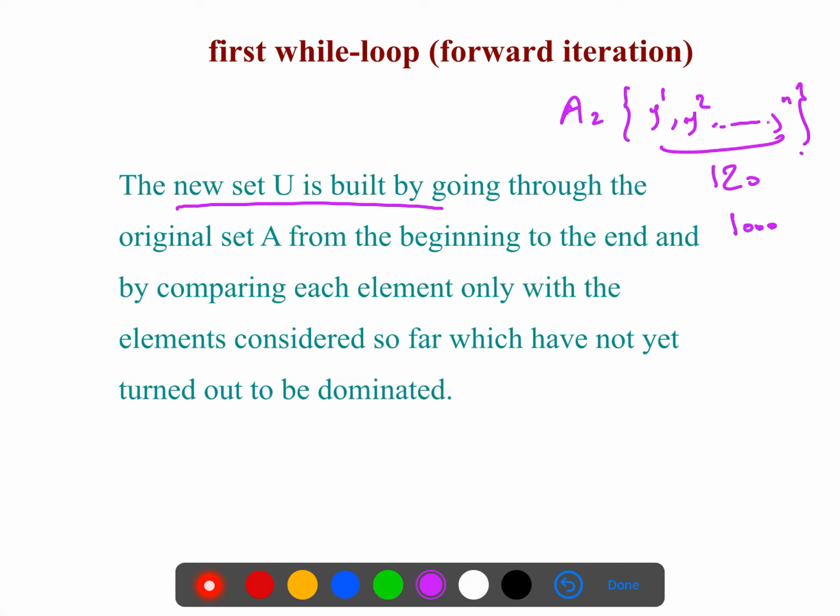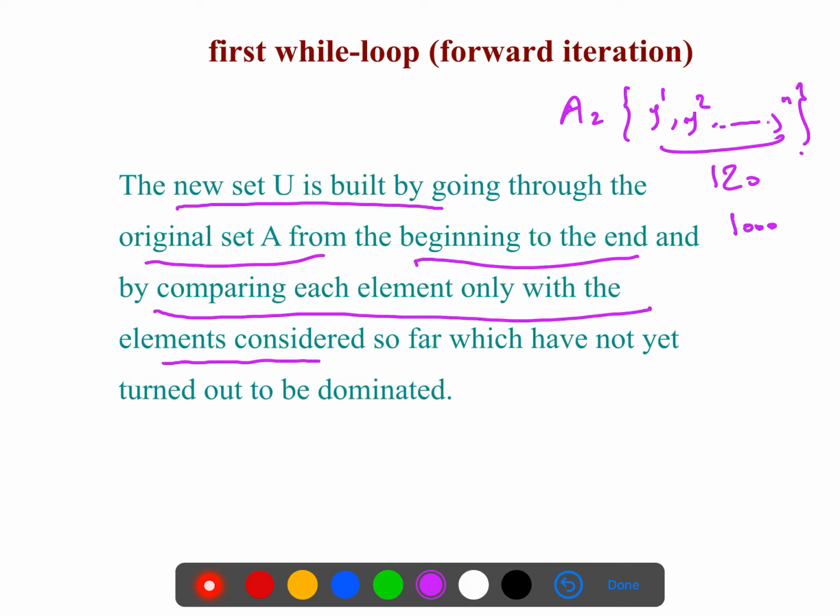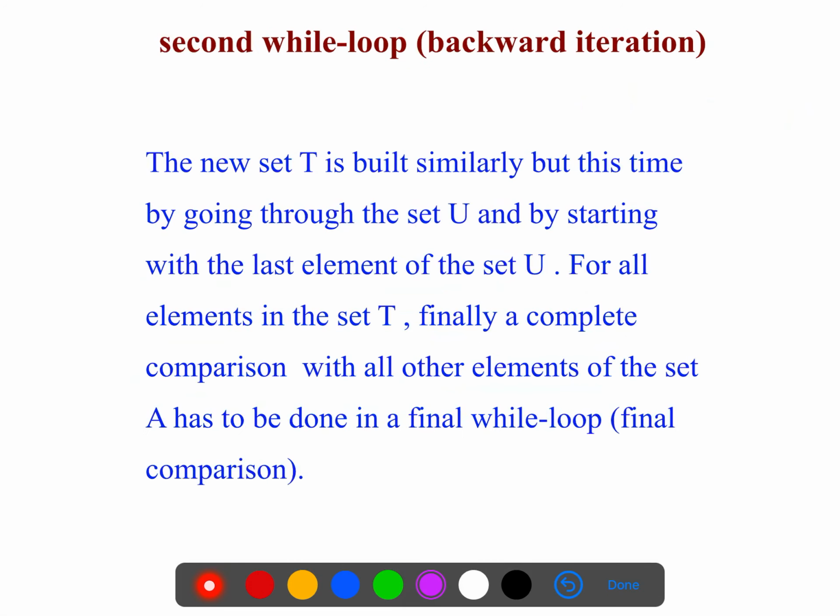You want to check all of the points to see if they belong to the non-dominated set. So we construct it like this. We go through the set from beginning to end, and by comparing each element only with elements considered so far, which have not turned out to be dominated. This is the forward iteration.